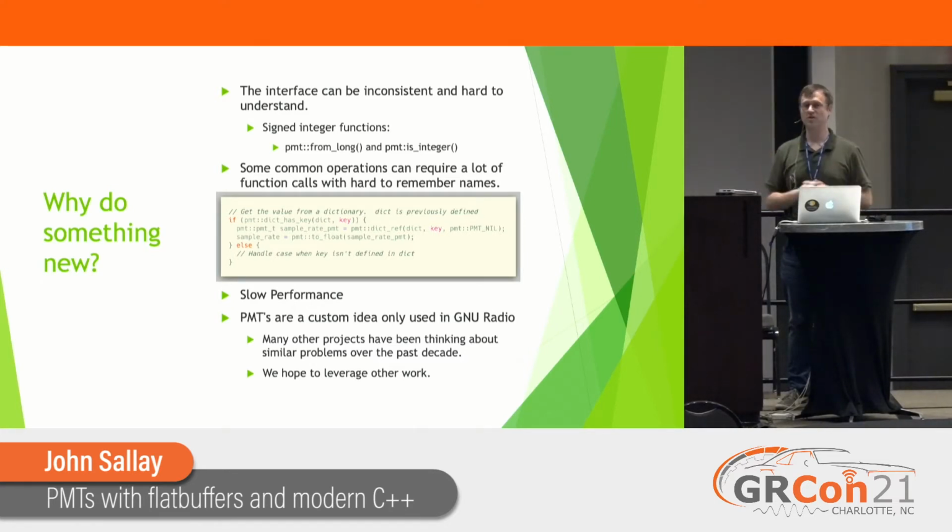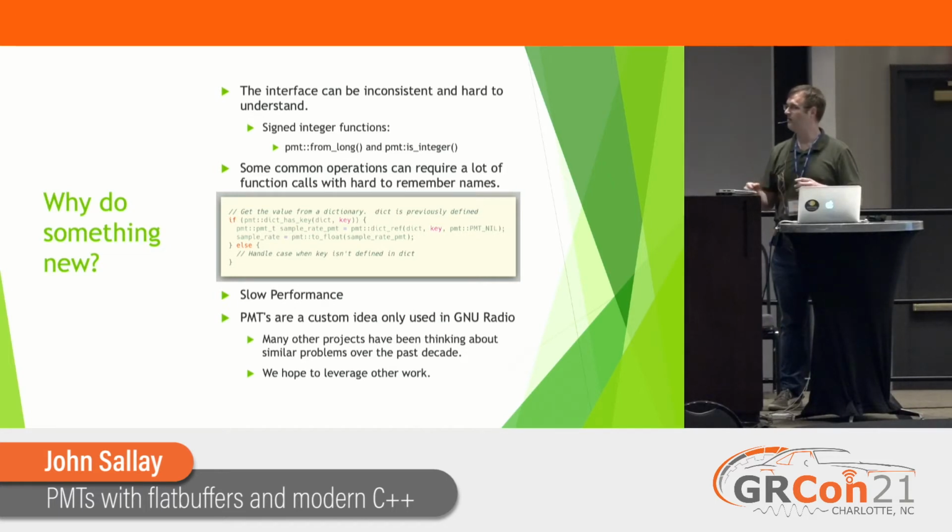Some of the operations that are pretty common can feel a little clunky, and the names and the arguments they take can be hard to remember. The little code snippet here maybe is a little harder to read than what I had hoped. But the example I have here is trying to see if a key is present in a PMT dictionary, and extract the value out.